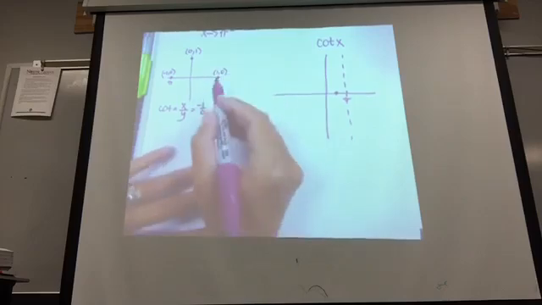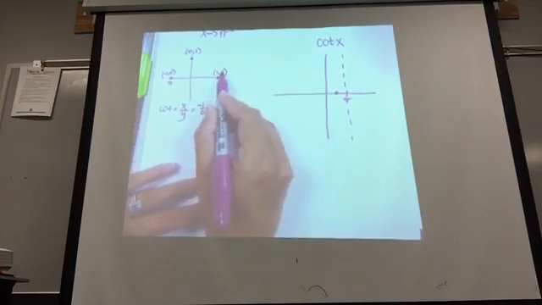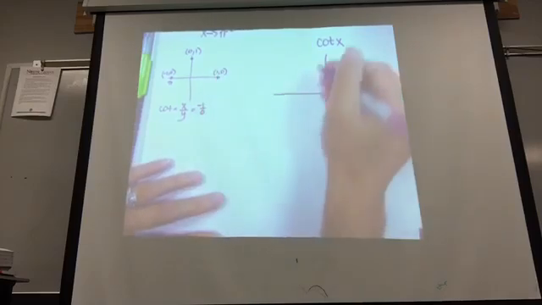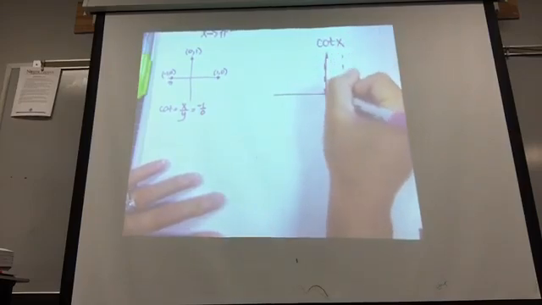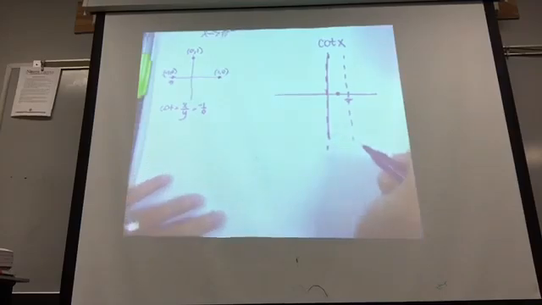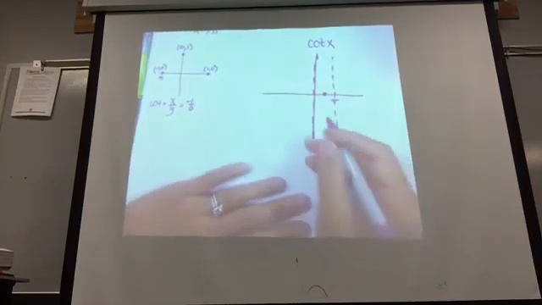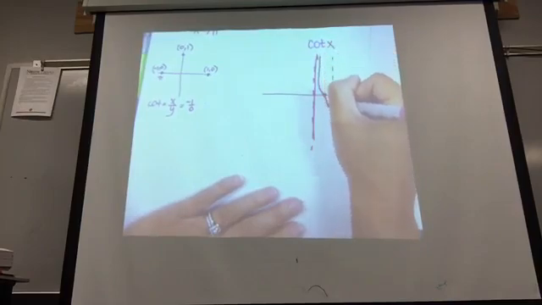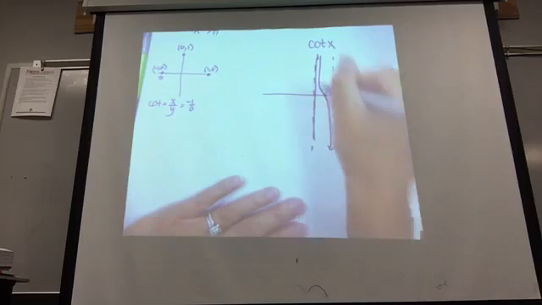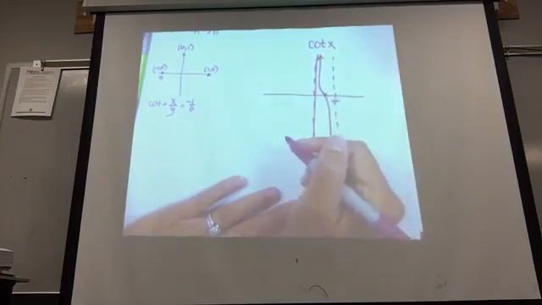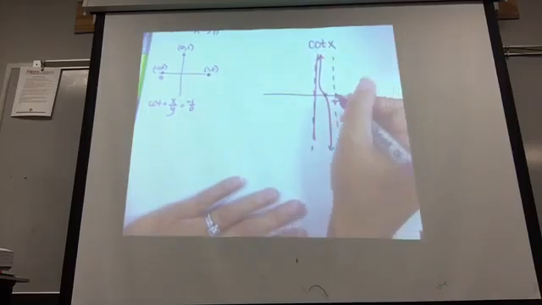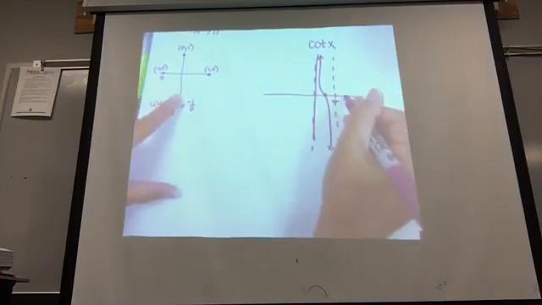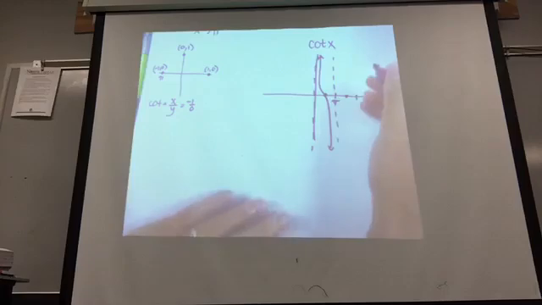So again, 1 divided by 0 is undefined. So that is also a vertical asymptote. And very similar to the tangent function, it's going to go through like this. And then I know I would have a 0 at 3 pi over 2, and then another asymptote at 2 pi.